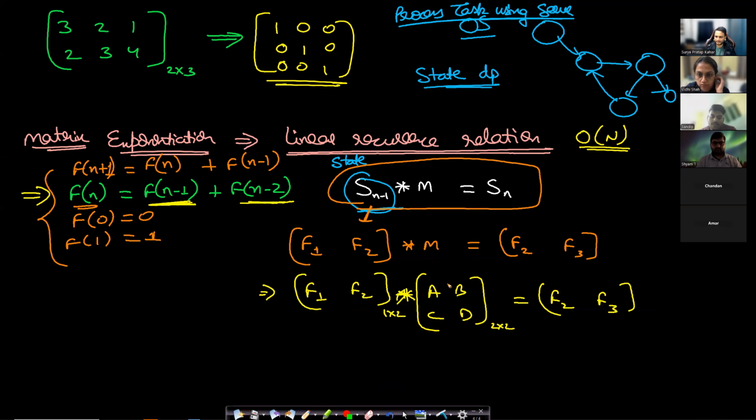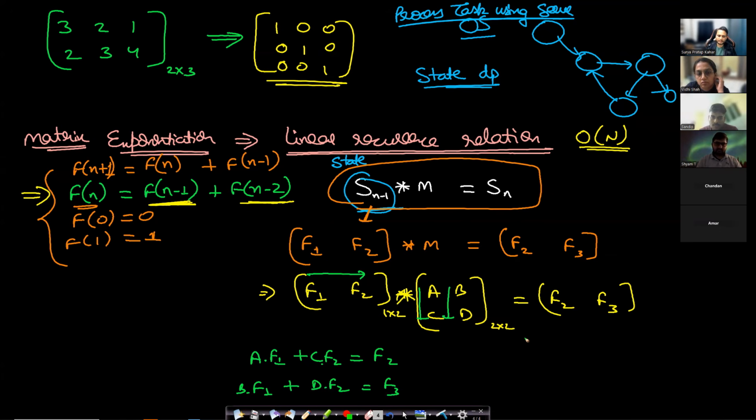Let's create the equation on multiplication. This will be multiplied with the first column. So if you multiply that, you get A times F1 plus C times F2. C times F2 equals F2. And you get another equation: B times F1 plus D times F2 equals F3.